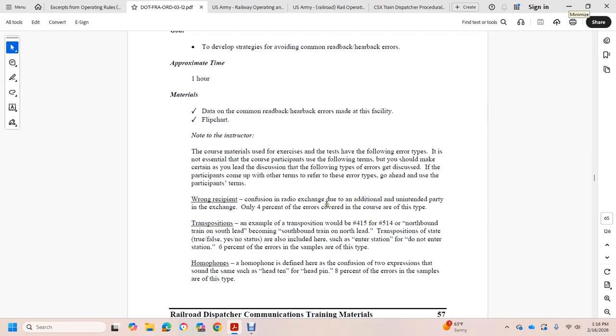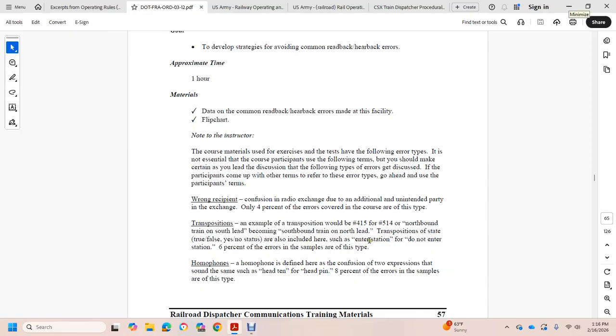Wrong or sympathetic confusion within the radio exchange, due to additional intent by a party of the exchange. Only 4% of the errors are of this type. Transposition. An example of transposition would be number 415 or 514, a northbound train, or south leading becoming southbound train on north leave. Transposition, stated true or false, yes or no status.